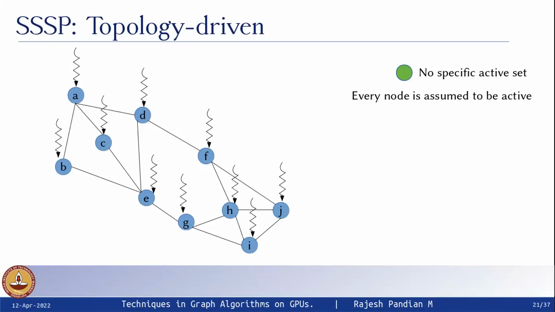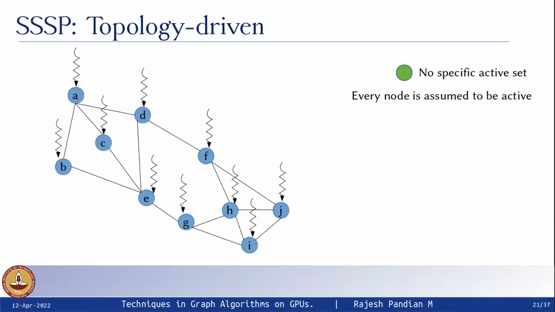This is one kind of approach, and what I said earlier is the other kind of approach. Both work well on different sets of graphs, which I will not talk about in this lecture, but this lecture is to give the techniques that are used in the GPU setting.